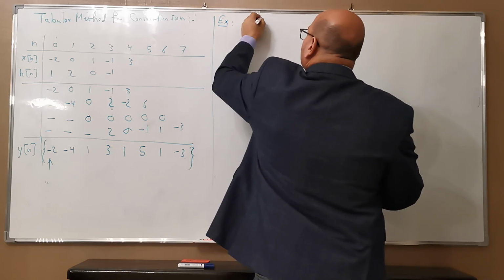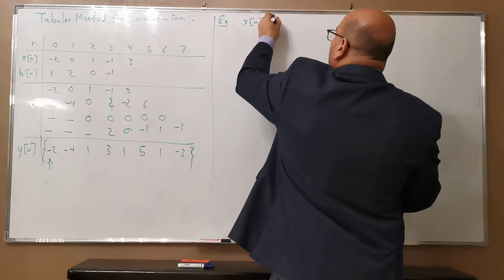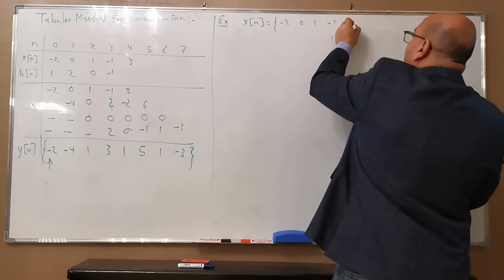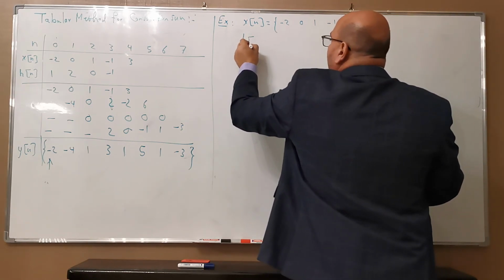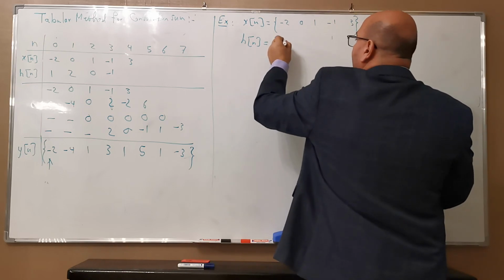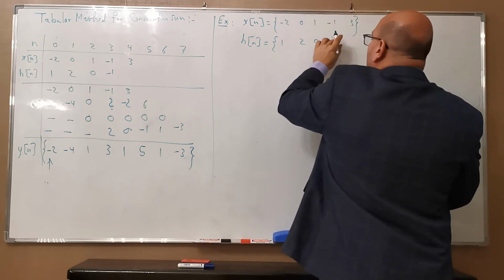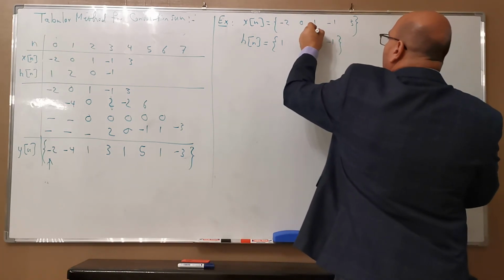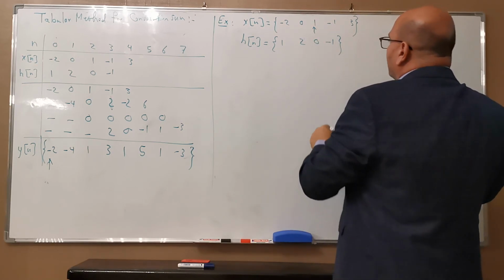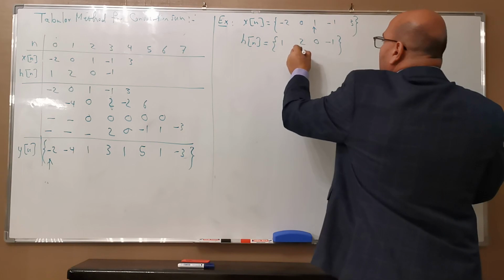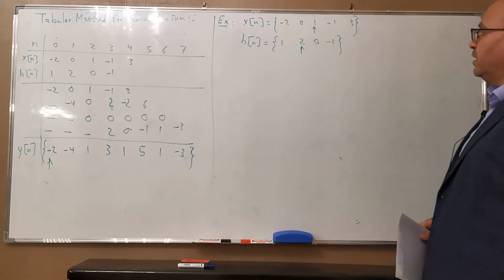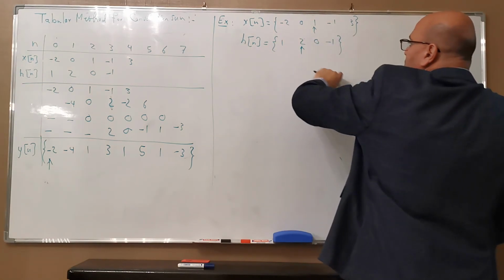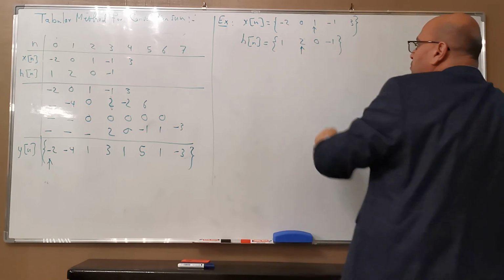If x of n is -2, 0, 1, -1, and 3, and h of n is 1, 2, 0, and -1. Assume that we have the 0 here for x of n, and the 0 here for h of n. So this is -2 index, -1, 0, 1 and 2. And for h, -1 index, 0, 1, and 2.